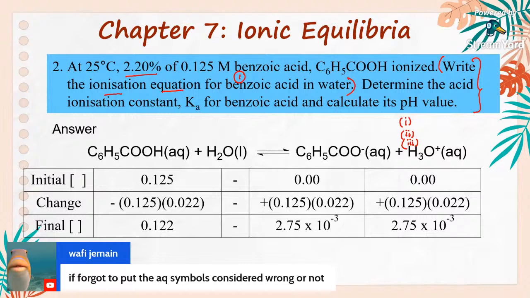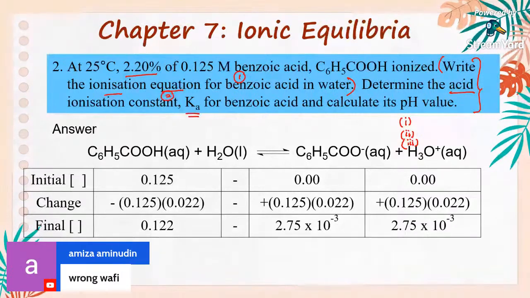And then determine the acid ionization constant. This is the second part. And then calculate its pH. This is the third part. So all this must be answered. Now you are calculating Ka. Benzoic acid is a weak acid.